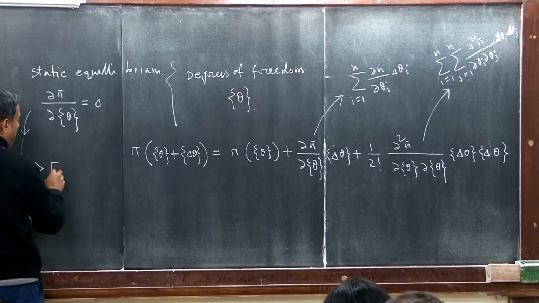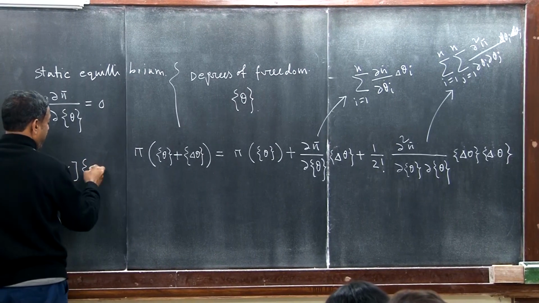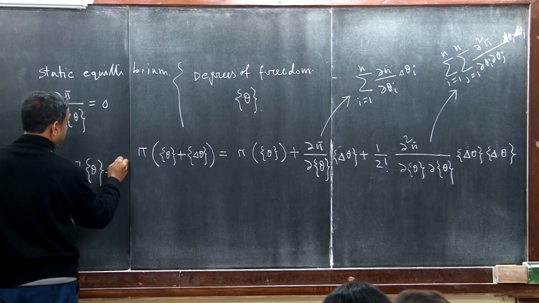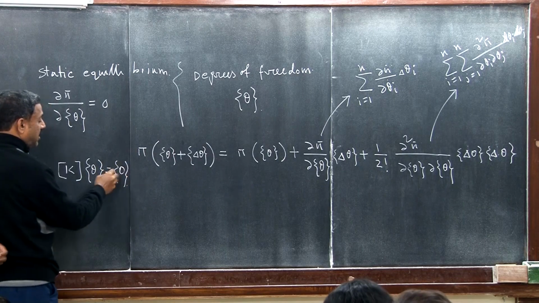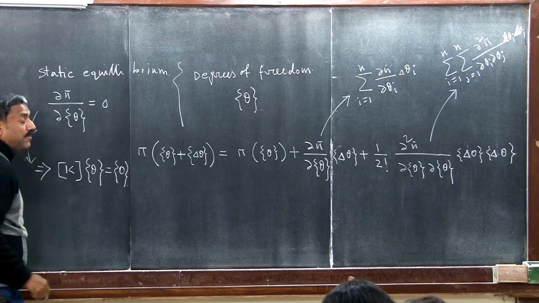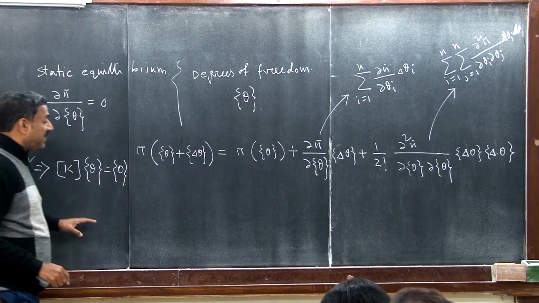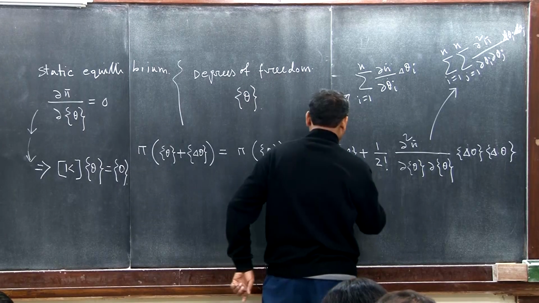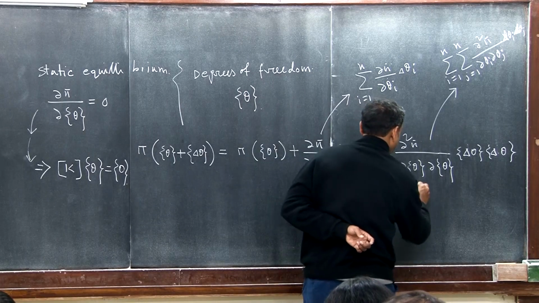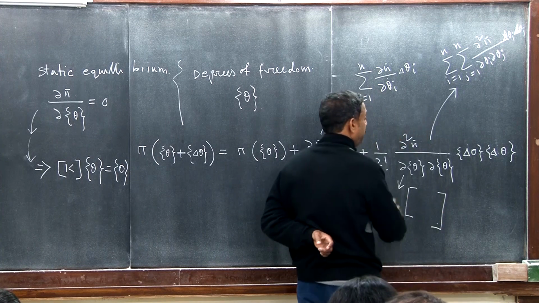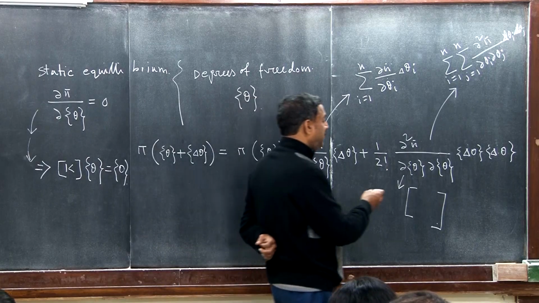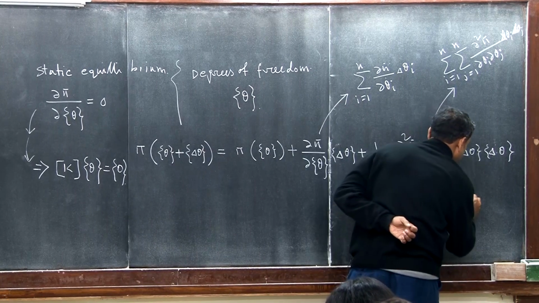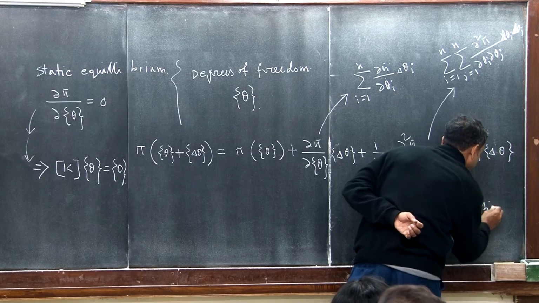So here you are going to get the equilibrium equation, some K theta equal to 0, or K theta equal to a load vector if there is some external load. Whereas this higher order term will be another matrix of the potential energy. This is the second derivative of the potential energy, so this matrix is the Hessian matrix of the potential energy.